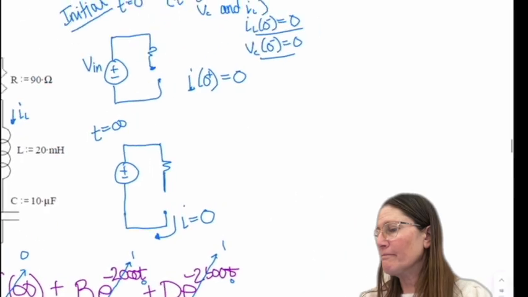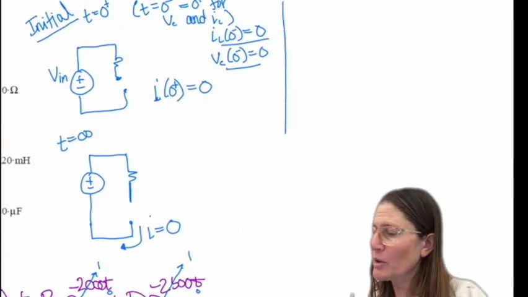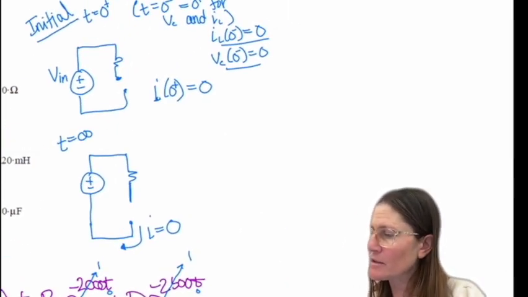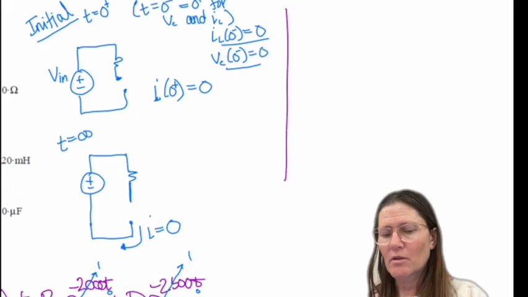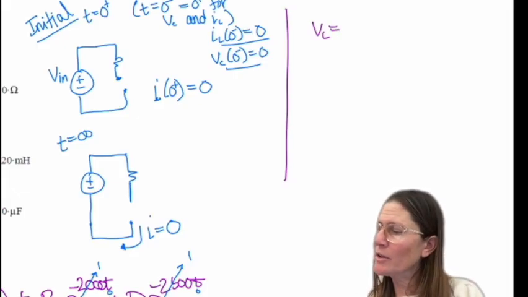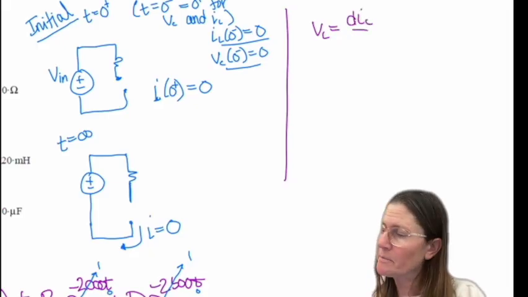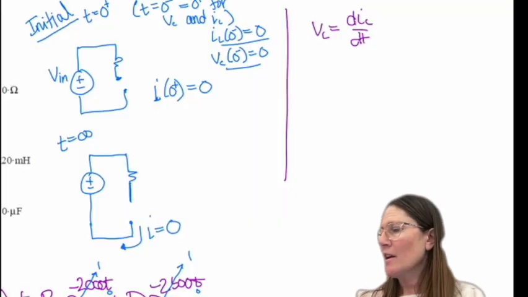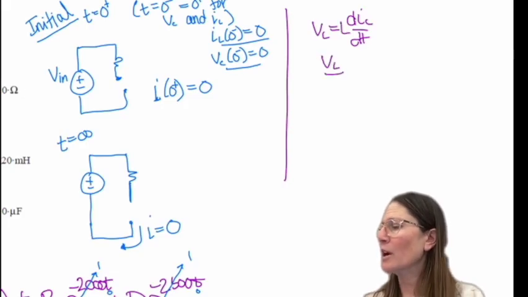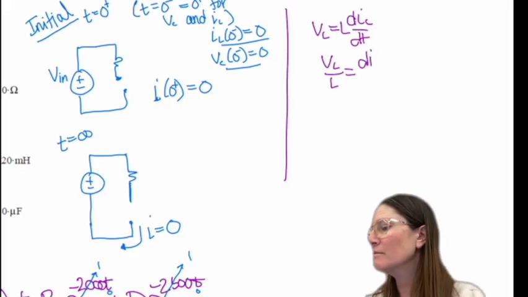Going back to that, I'll take a second. We know VL is equal to L dIL dt. And so VL over L equals dIL dt.